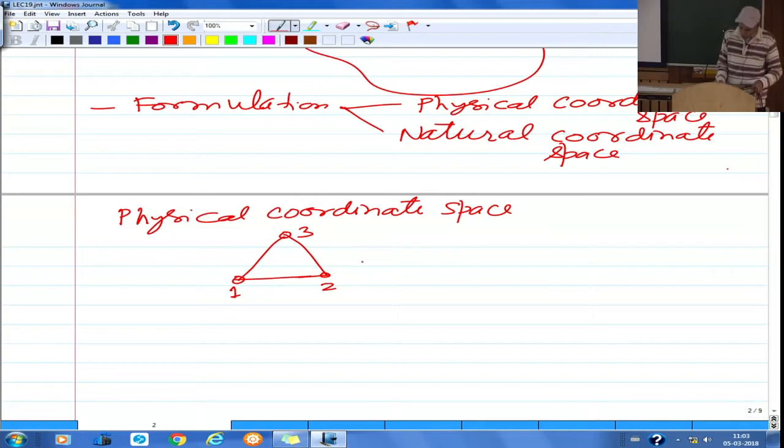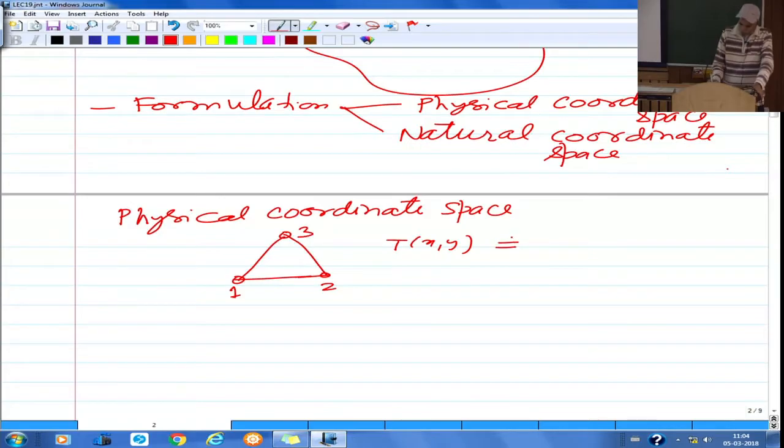This is the simplest possible shape you can have, and obviously for this, when you are assuming the approximation or interpolation for the dependent variable, let us say we have temperature as the dependent variable, and it is a function of x and y, the Cartesian coordinates.